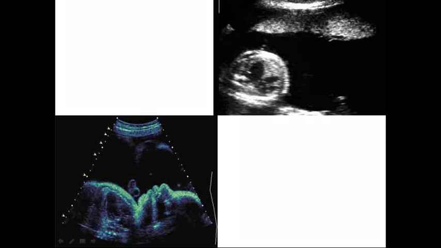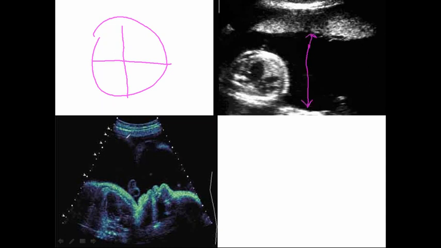One of the measures is to divide the abdomen into 4 quadrants, and we will try to measure the amniotic fluid, the deep vertical dimension for each quadrant, here, here, here, here, and calculate these dimensions, which is called amniotic fluid index.